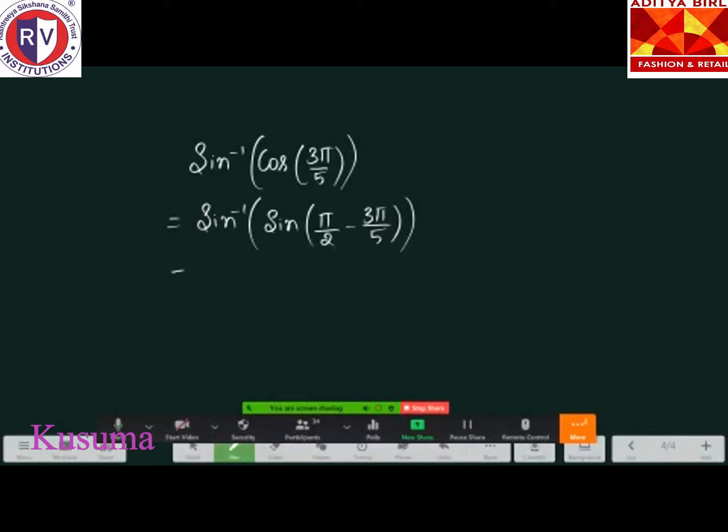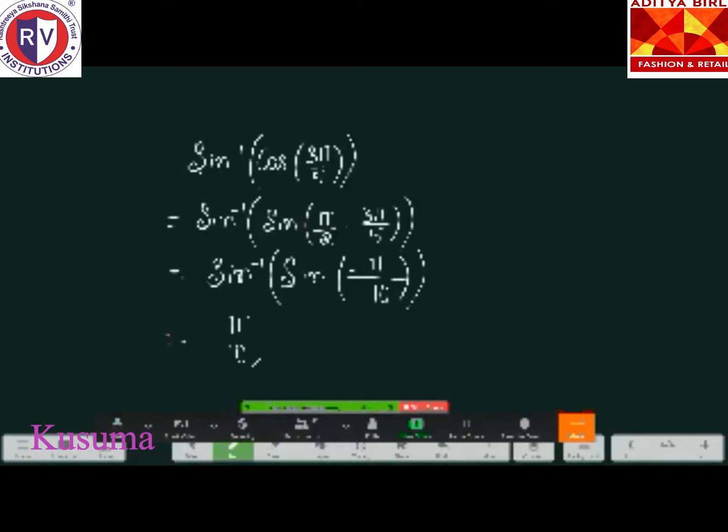So this is sine inverse of sine of the simplified angle. This will be how much? Minus pi by 10. Yes, minus pi by 10. Now it is sine inverse of sine, therefore this will be minus pi by 10.